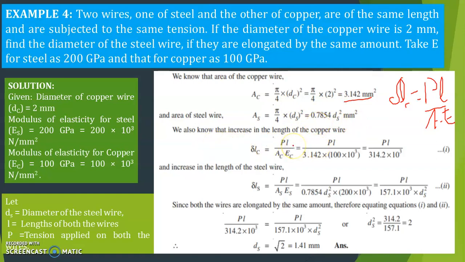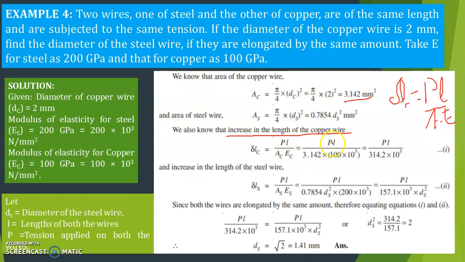Next you have to find the deformation. Here tension is applied, so there will be an increase in the length. First we will find the increase in the length of the copper wire, delta LC, that is PL divided by AC into EC. Why have I not written PC and LC here? Because P and L are the same for both steel as well as copper.